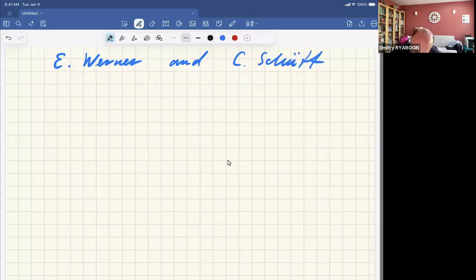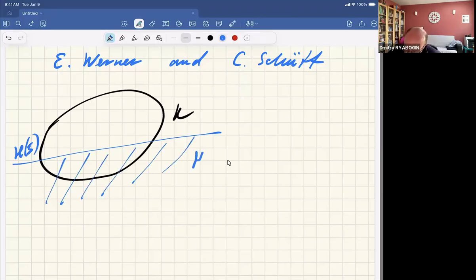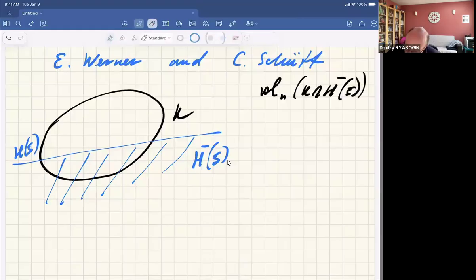So this is going to be the following. I have K, I have this hyperplane, and this is H minus of Xi again, and I want the volume of K intersection H minus of Xi to be delta.